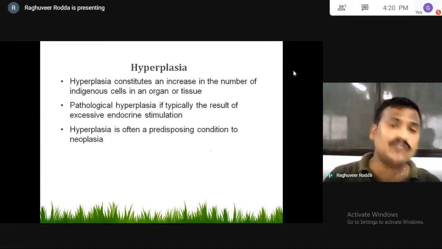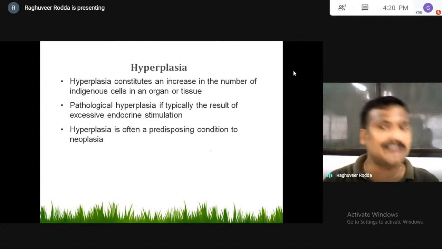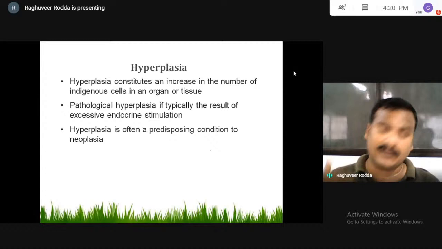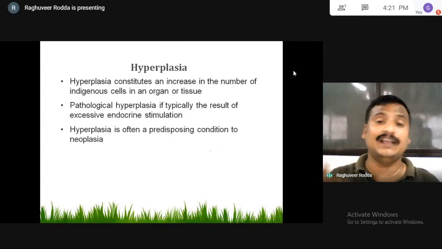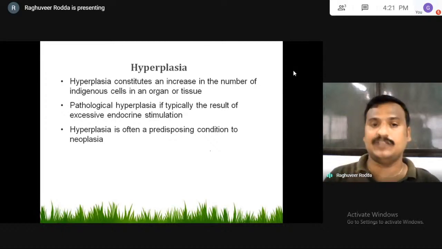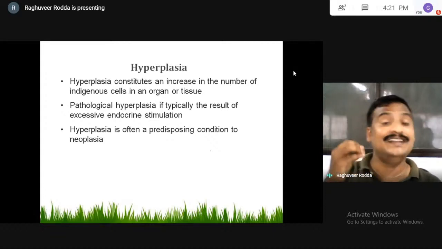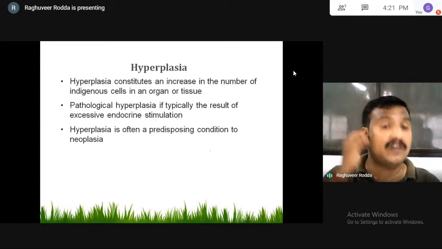Compared to the normal number of cells in that organ, if against some physiological or pathological condition any organ or tissue increases its cells in number, that condition is called hyperplasia. In most cases, hyperplasia is generally observed in pathological conditions. There may be the presence of certain diseases or abnormalities.